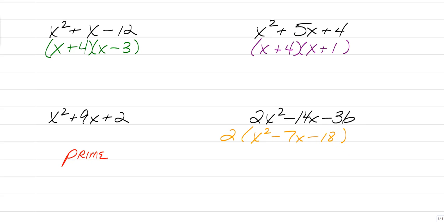So then you need to factor the inside, and only the inside. We're just going to leave the 2 out here. But what you're going to do is ask yourself what two numbers will multiply to a negative 18 but add up to a negative 7. And that would be a negative 9 and a positive 2. So negative 9 times 2 is a negative 18, but a negative 9 plus 2 is a negative 7.